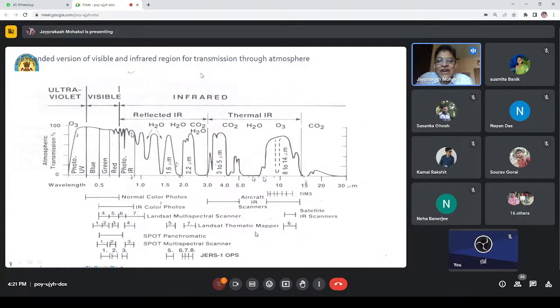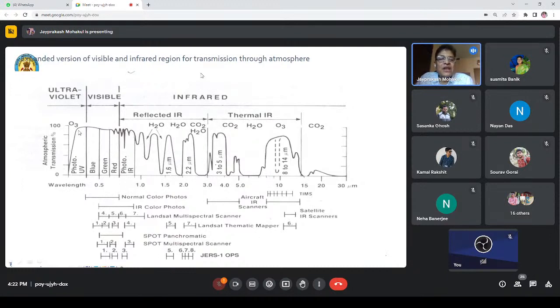The range 5 to 8 is opaque, I mean, no information is reaching the surface of the earth. Is it understood? So for land-based application, you should not have a band between 2.6 to 3, right? You should not have a band between 5 to 8. So this is known as atmospheric window.